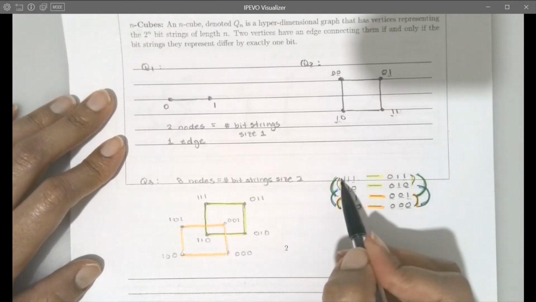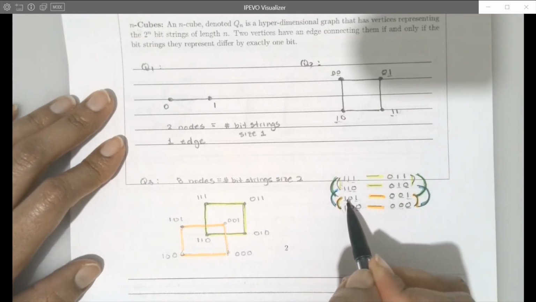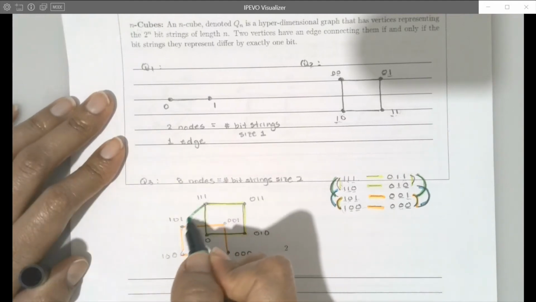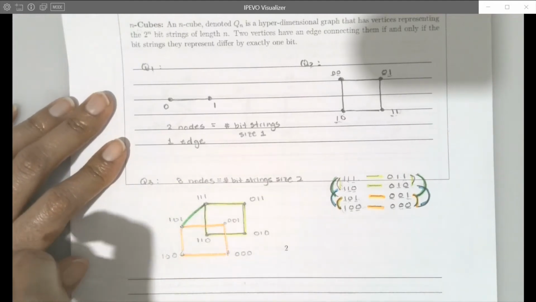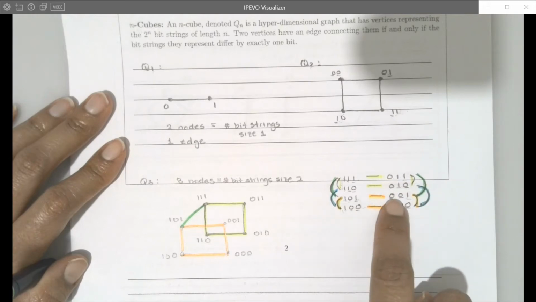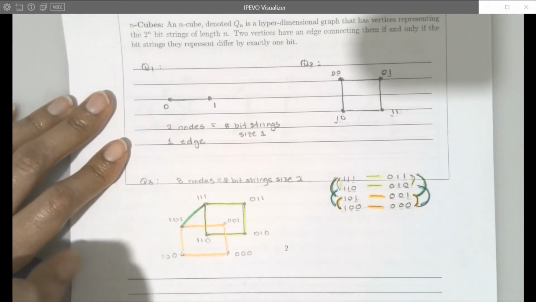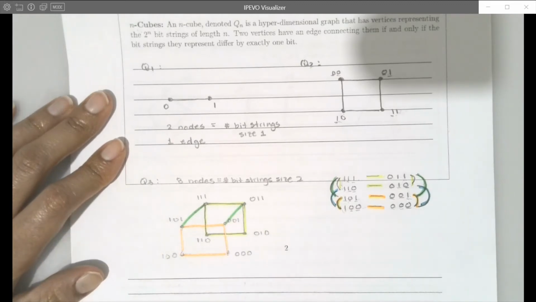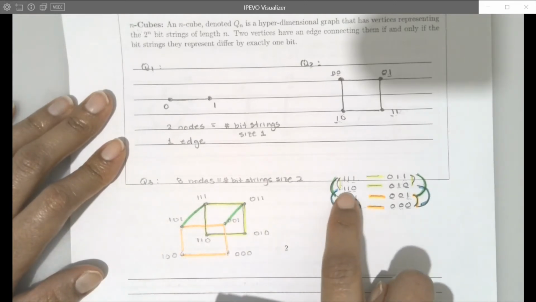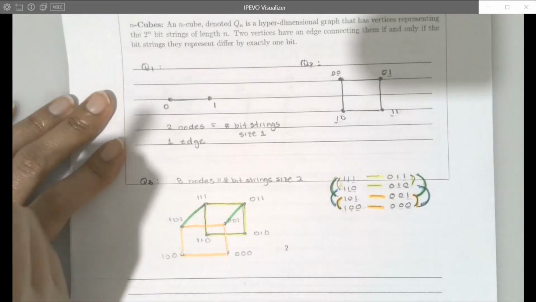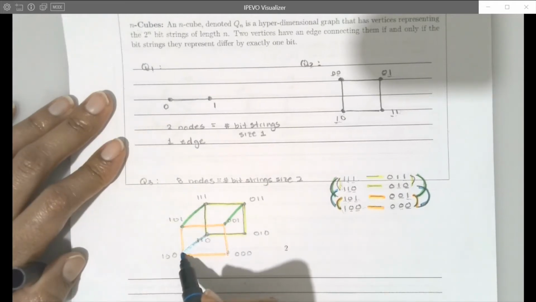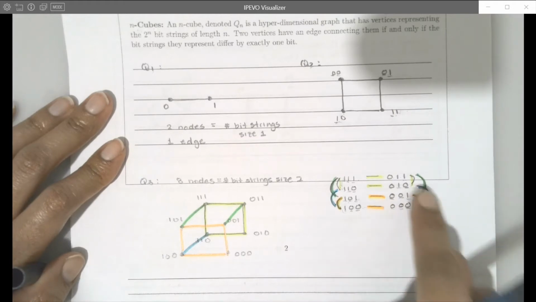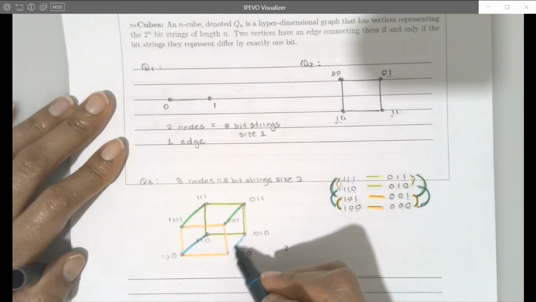And then we have 1, 1, 1 connected to 1, 0, 1. So that's this connection. We also have 0, 1, 1 connected to 0, 0, 1. So that's this connection. And finally, we have 1, 1, 0 connected to 1, 0, 0. And 0, 1, 0 connected to 0, 0, 0.